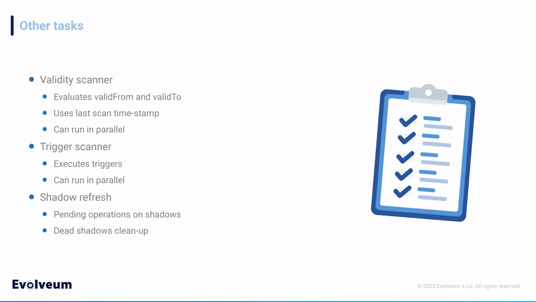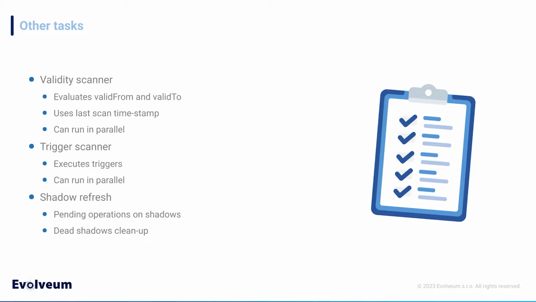You might wonder what will happen if I change valid to to yesterday's date. It will be executed immediately, because if you have a valid account and you set valid to in the past, it will be executed immediately. You don't have to do anything. If you set it in the future, it will later be picked up by the validity scanner.